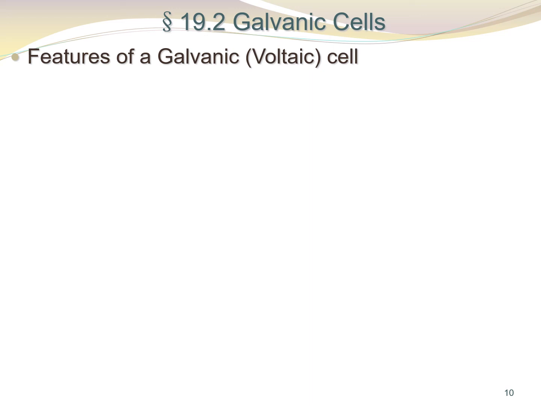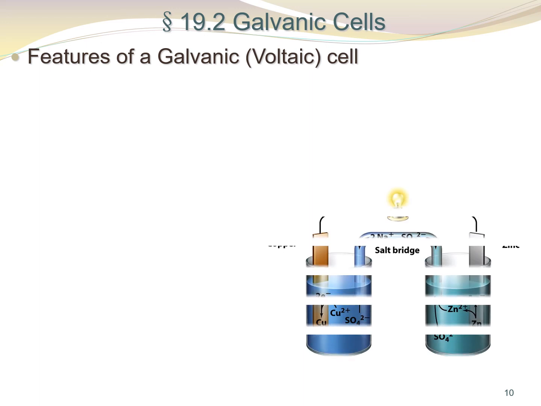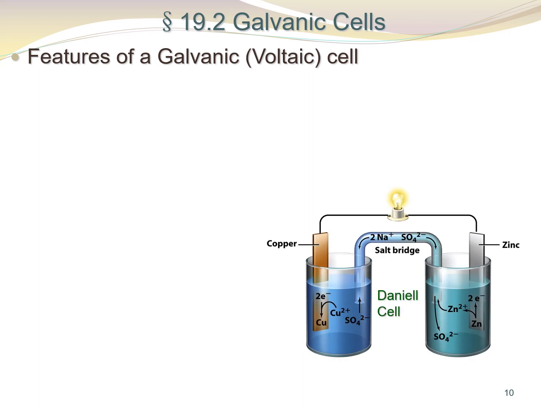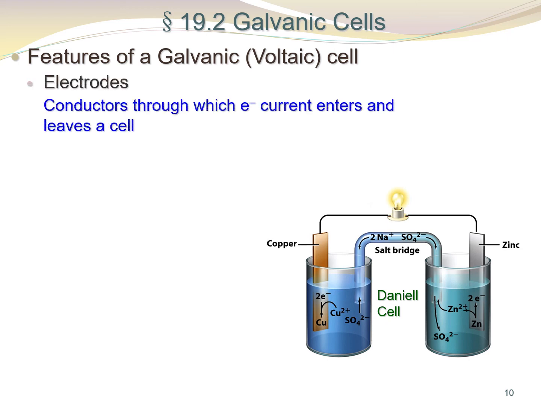Speaking of features of these galvanic cells, one thing that's sticking out in front of us is those metal plates or metal rods, which we actually call electrodes. Electrodes are the conductors through which electron current enters and leaves a cell.